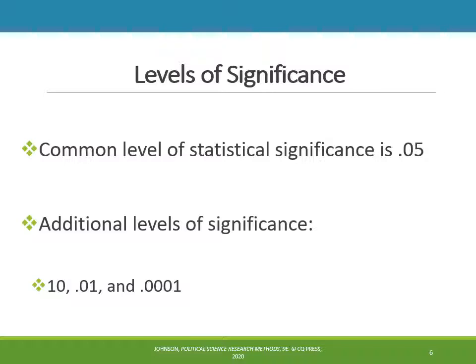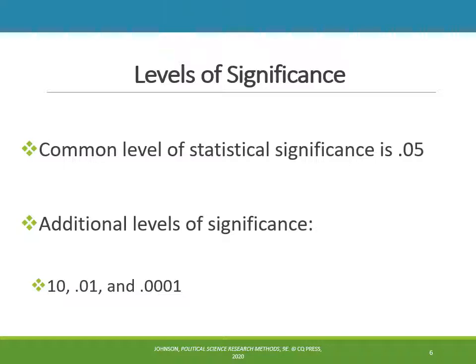So our decision to accept or reject the null hypothesis is all grounded in those statistical tests we talked about. So it's all grounded in our comparison of our observed statistic, test statistic, and the critical value, which I'll talk about on the next slide. But as I stated earlier, we have our common levels of statistical significance that we operate from.